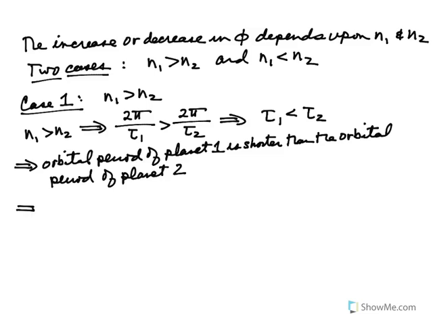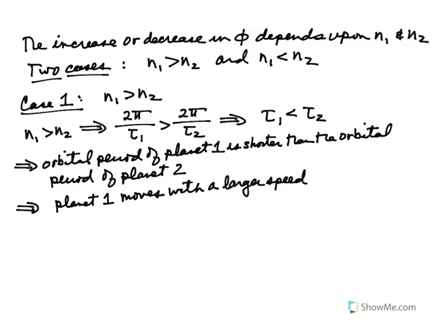So that implies that planet 1 moves with a larger speed than planet 2.